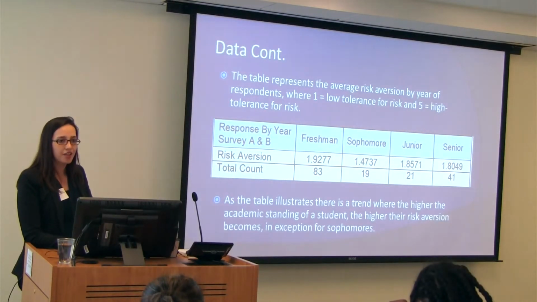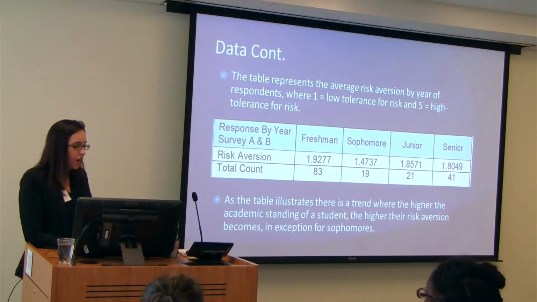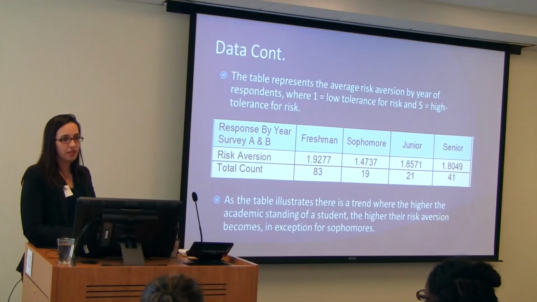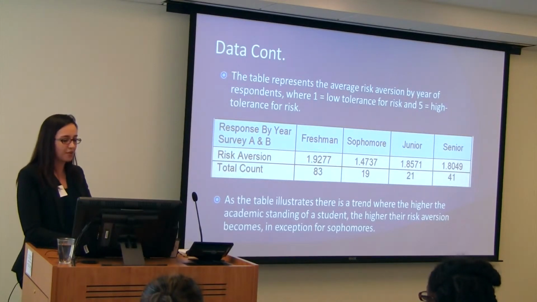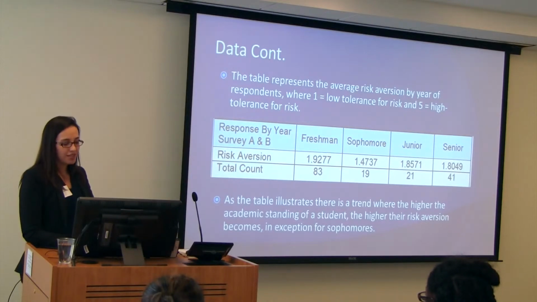And when we looked at honor students, they had a 1.6 average in risk aversion, whereas non-honor students had a 1.9. So they definitely brought down the scores for our sophomores. Otherwise, it would have been a nice trend, whereas freshmen have a higher risk tolerance.